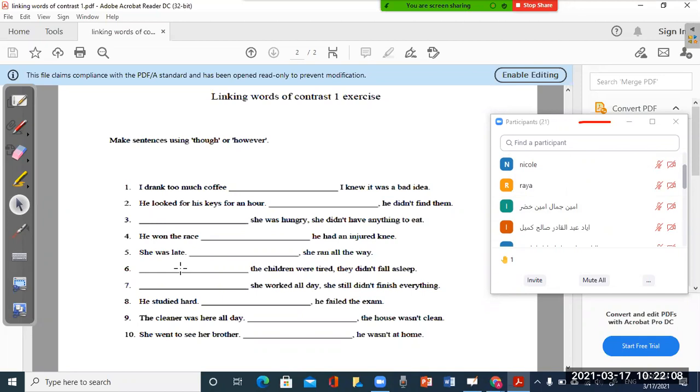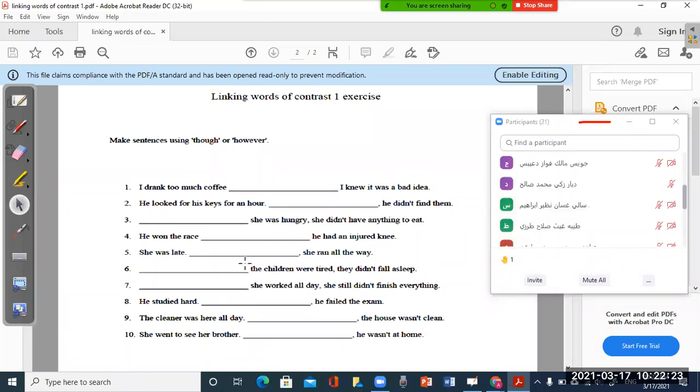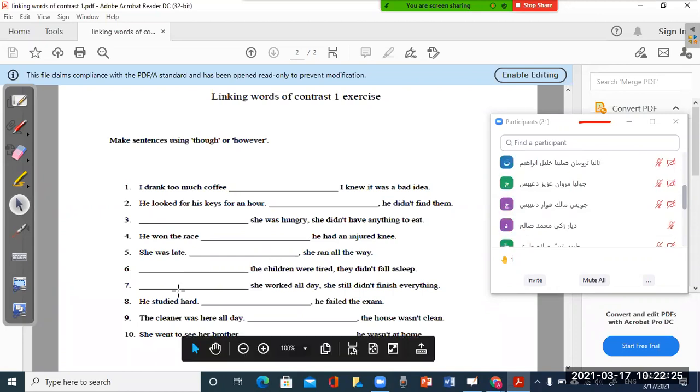Okay. Sally, number 7. Though she worked all day, she still didn't finish everything.